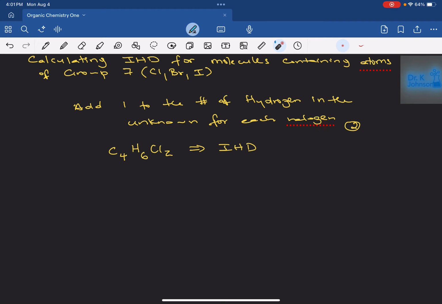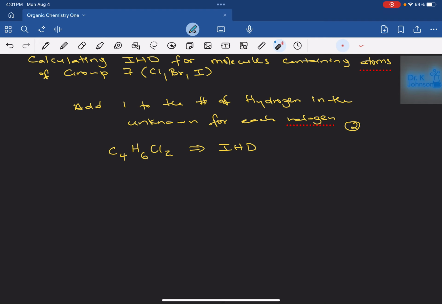So in essence, if it's one halogen, you add just 1 to the number of hydrogens in the unknown.